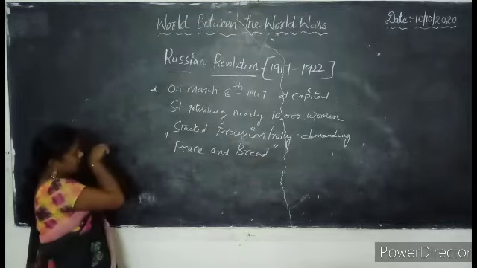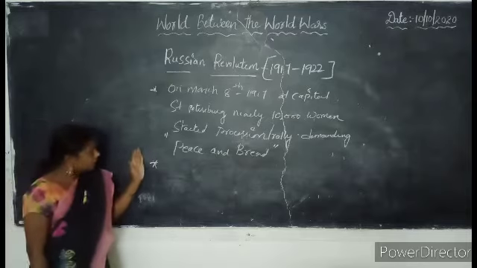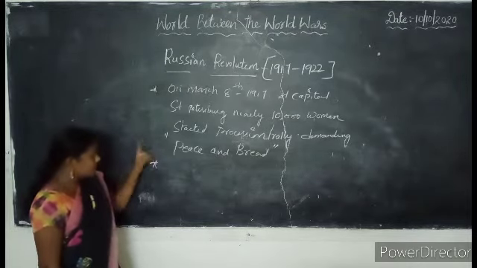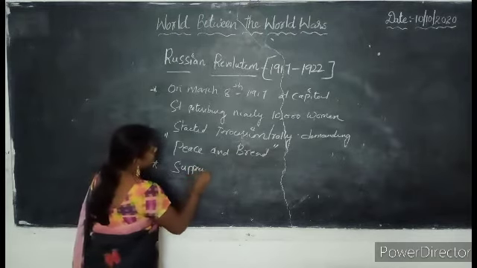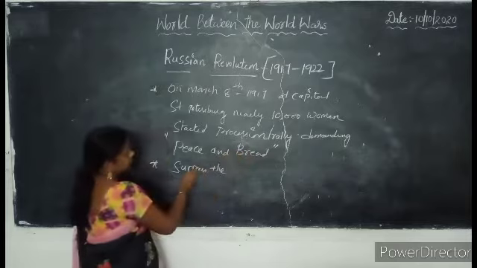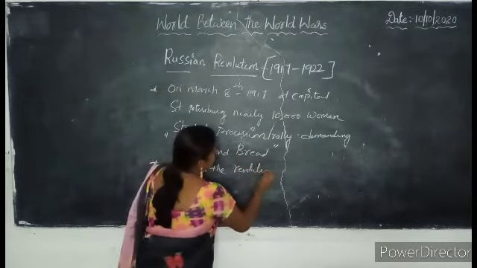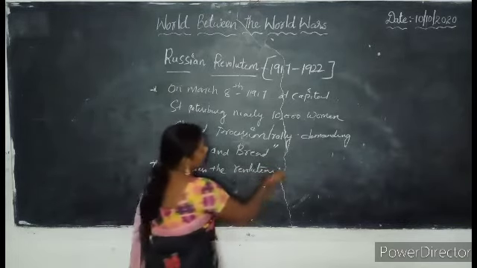Already we have seen who was ruling: Tsar Nicholas II was ruling the Russian Empire during World War I. He ordered the army to suppress the revolution or the movement.